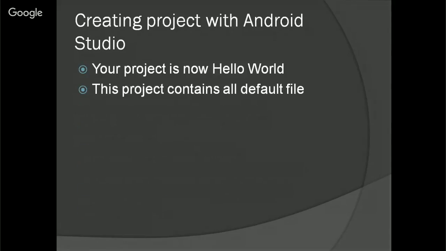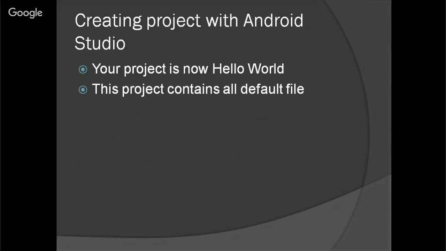Moving forward, you can see over here that the project you will be creating will be named Hello World if you don't give any kind of name to the project. And this project will contain various different files which we will be discussing later on.